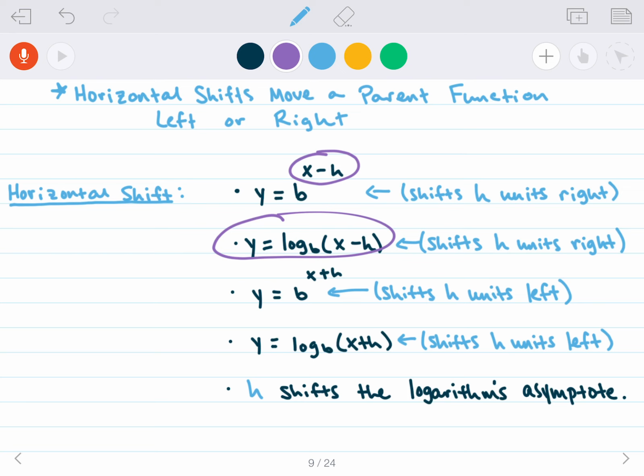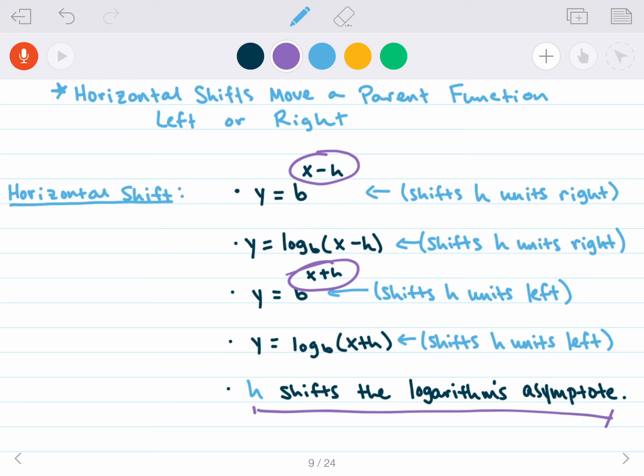On the other hand, if you see a plus sign, we're moving to the left. So again, it's opposite of what you think, and if you just keep that in your head, you should do fine with this. But just remember that x plus h, we're taking the graph and moving it to the left, h units.